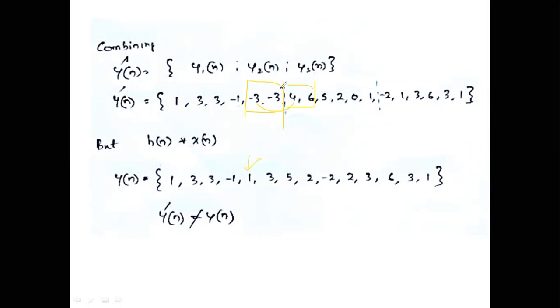Minus 3 plus 6 is plus 3. Now similarly, which is the second place? Here, 0 minus 2 minus 2, 1 plus 1, 2.